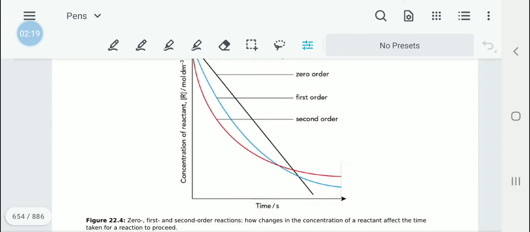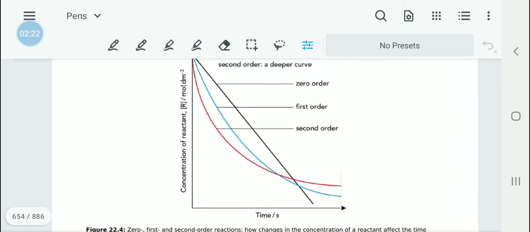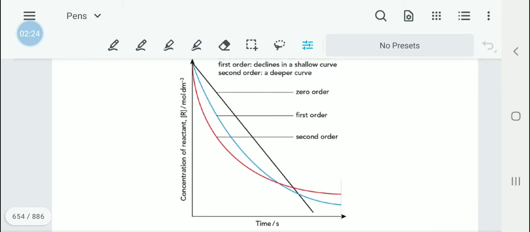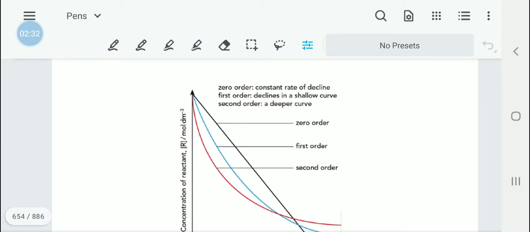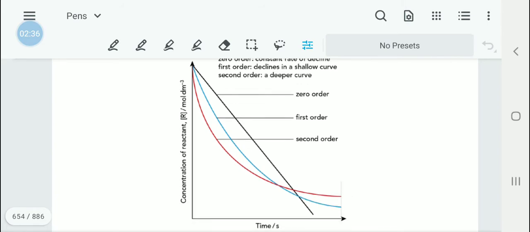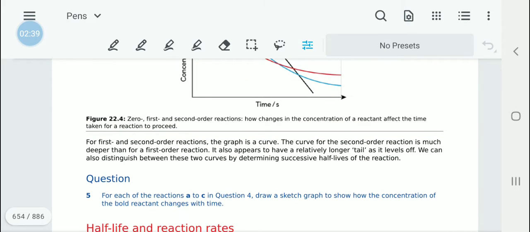Please draw this graph, 22.4, time against the concentration of reactant. So you will get a zero order as a constant rate of decline, and first order declines in a shallow curve, second order a deeper curve. Write that as well.